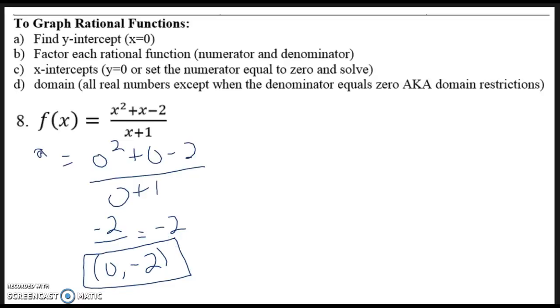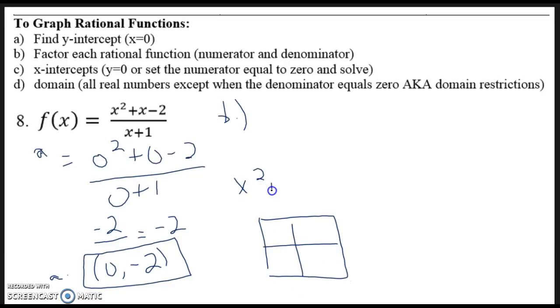All right. So I need to factor the numerator and denominator. That was part A, right? Part B. I need to add to positive 1 and multiply to negative 2. So this is going to be x squared plus 2x minus 1x minus 2.